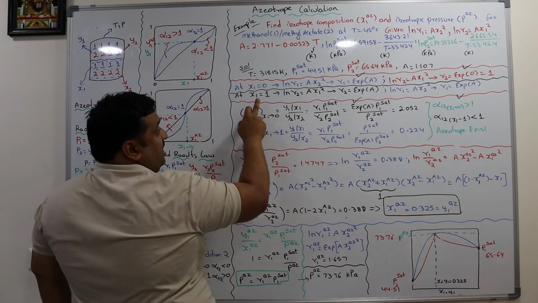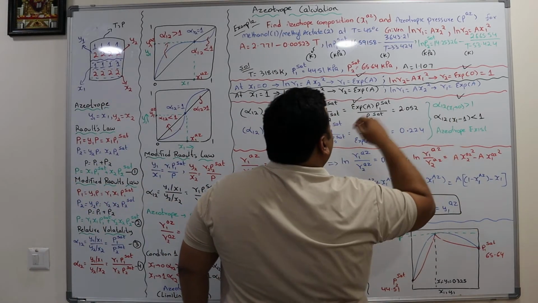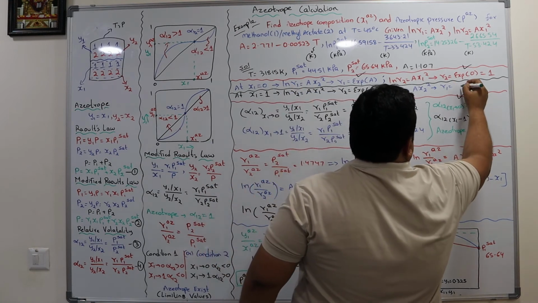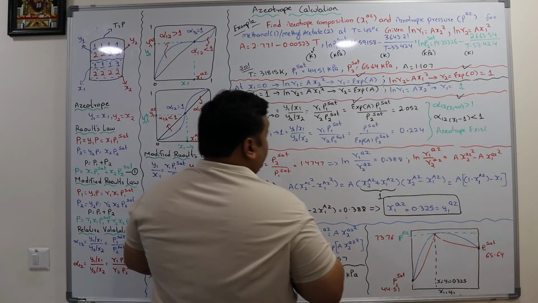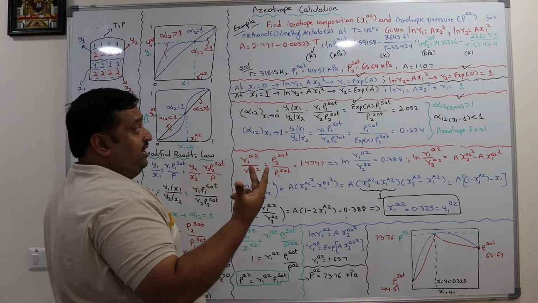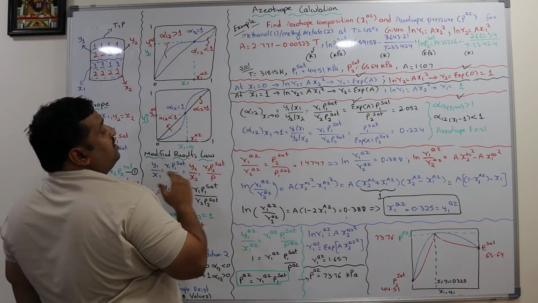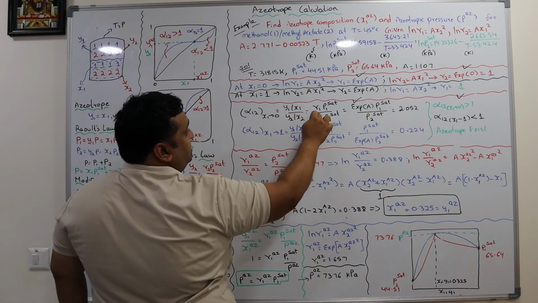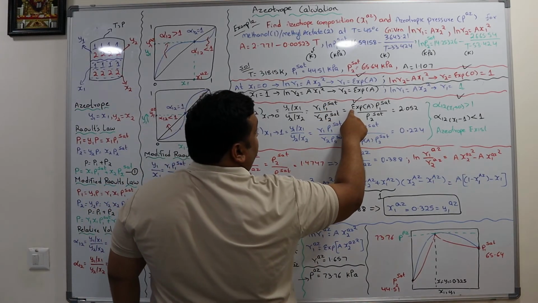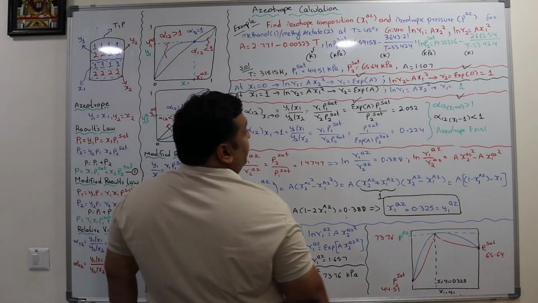When x1 equals 1, x2 equals 0 in a binary system, so gamma 1 equals 1. Now the relative volatility at x1 towards 0 is y1 by x1 over y2 by x2, which is gamma 1 P1 sat by gamma 2 P2 sat. We know A, so we can find exponent of A.